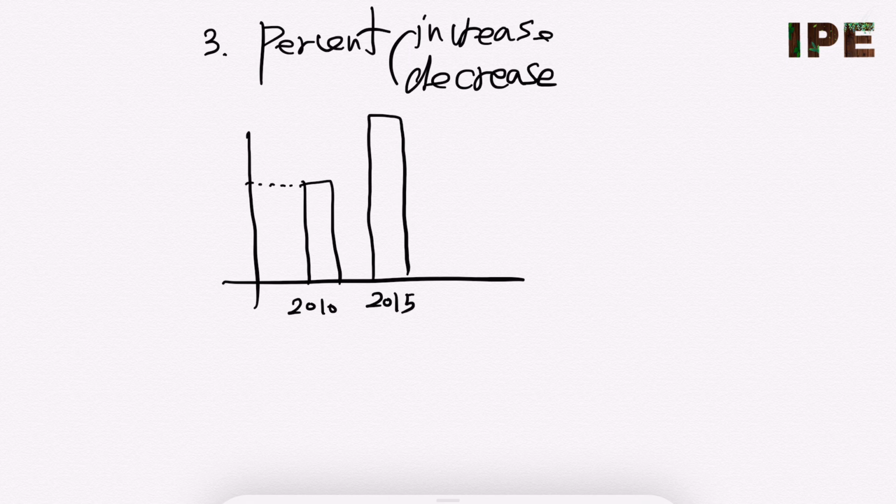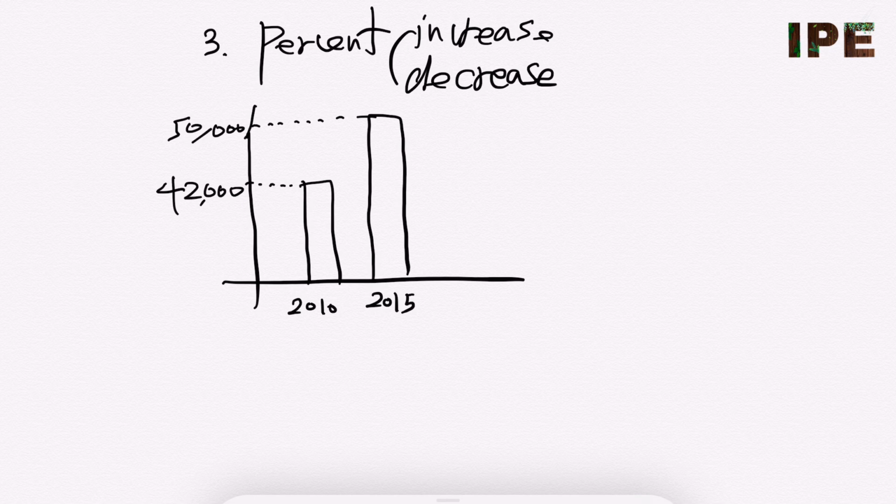At 2010, the city's population was 42,000 people. And then in 2015, it increased, right? It became 50,000 people. So what is the percent increase of the population?